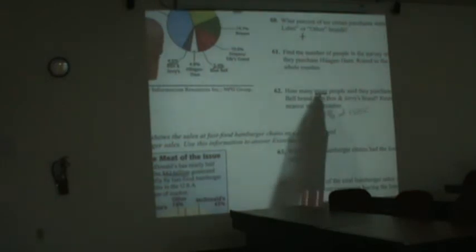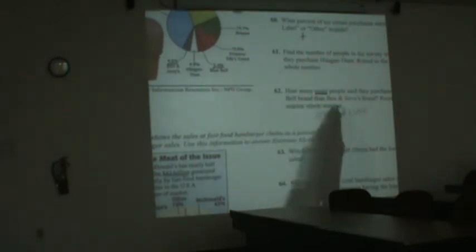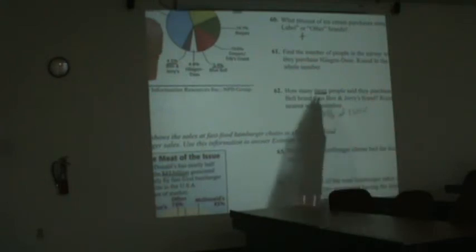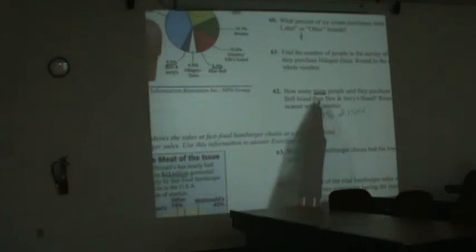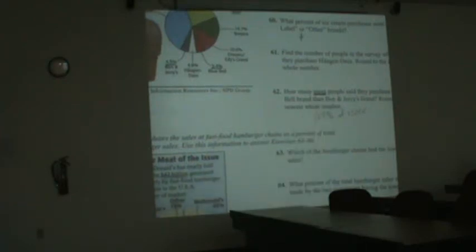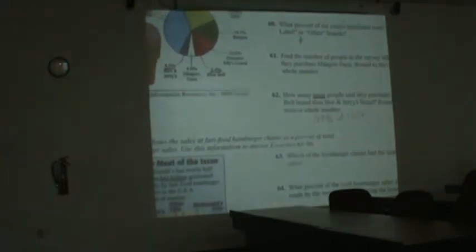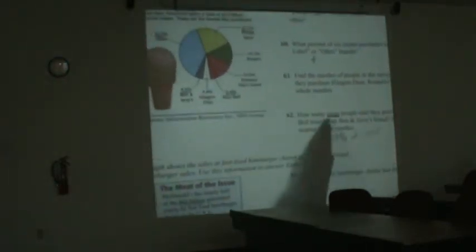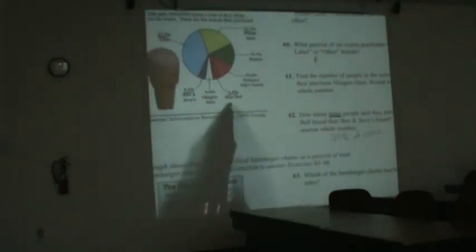62, how many more people said they purchased Blue Bell than Ben and Jerry's? How many more people? Does that mean you're going to add or subtract? You're going to subtract, right? If you want to know how many more did something, you would subtract. So how many more people purchased Blue Bell, then Ben and Jerry's?